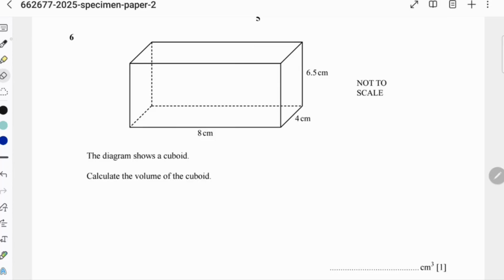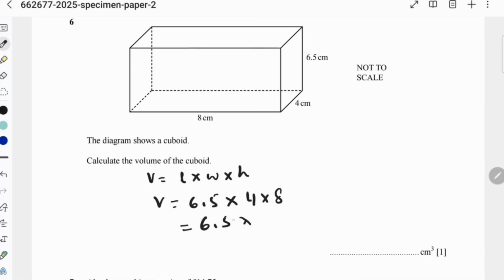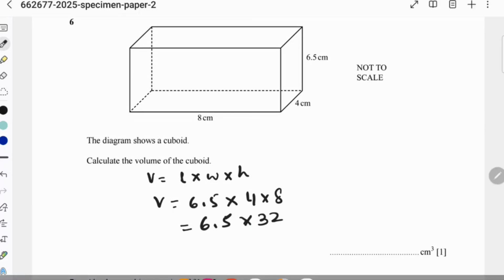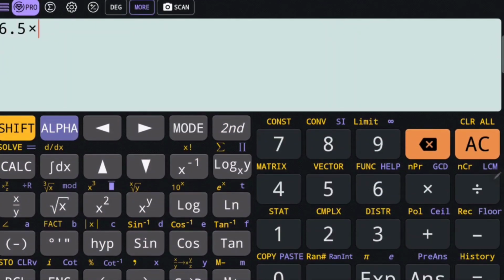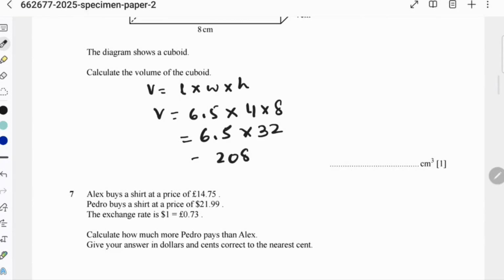They're just asking you to find the volume of the cuboid, base area multiplied by height, or volume is equal to length into width into height, which is 6.5 and 4 and 8. 4 eights are 32, 6.5 times 32, which is 208. So let's write down 208 centimetres. It is cubic centimetres.